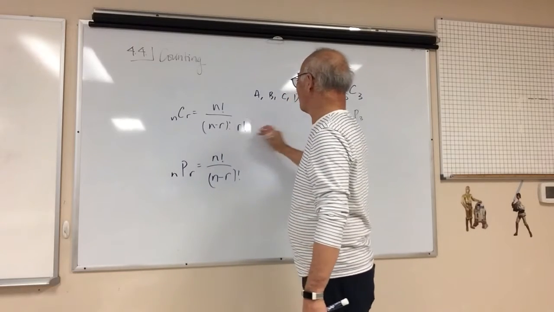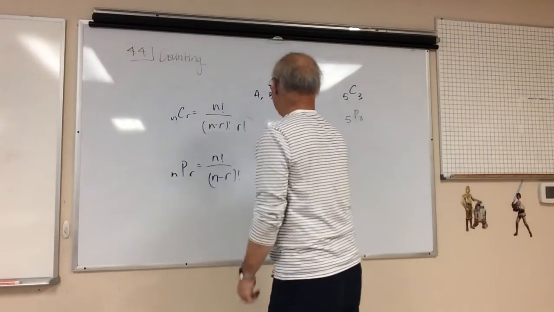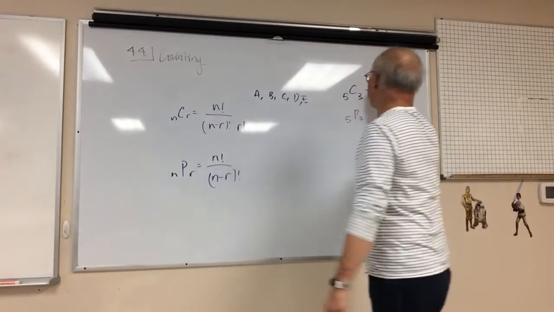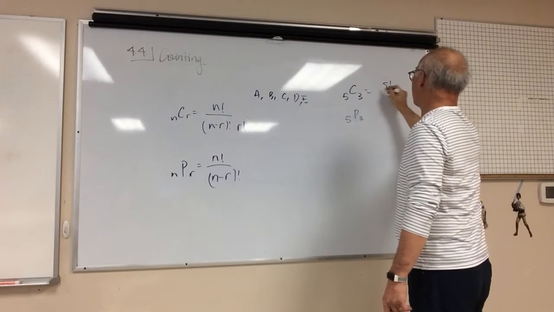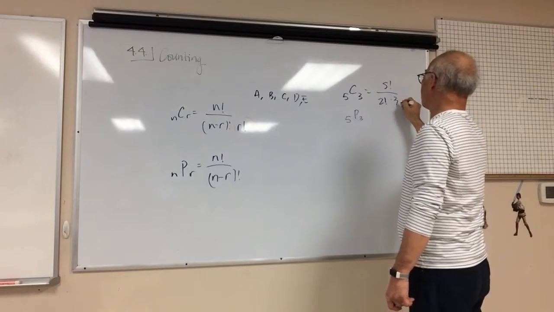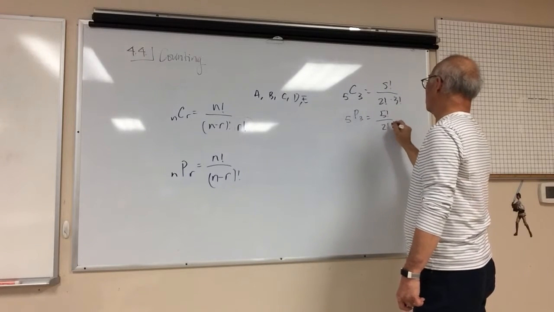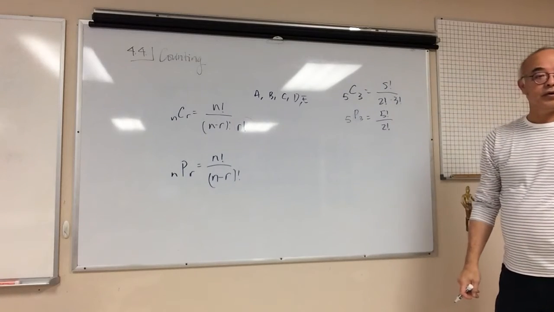Let's actually do this. So if I had 5 choose 3, it would be 5 factorial over 5 minus 3 factorial, and then 3 factorial. Whereas the permutation will be 5 factorial over 2 factorial, correct?